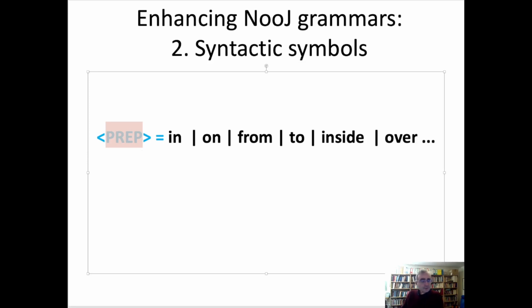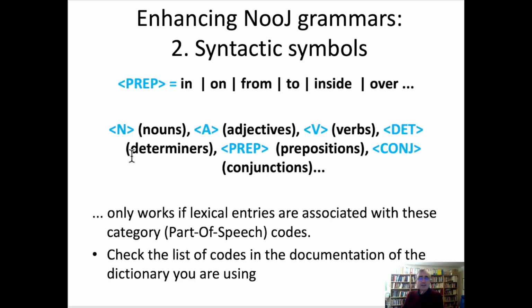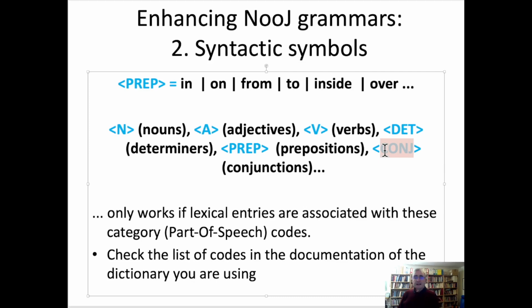So we have basically preposition, but we also have an abbreviation for all the nouns, a code for all the adjectives, the verbs, the determiners, prepositions, conjunctions, etc. Note that these symbols are not NooJ symbols. They have been associated with lexical entries in a dictionary, and you have to read the documentation of the dictionary to find out what these codes are.